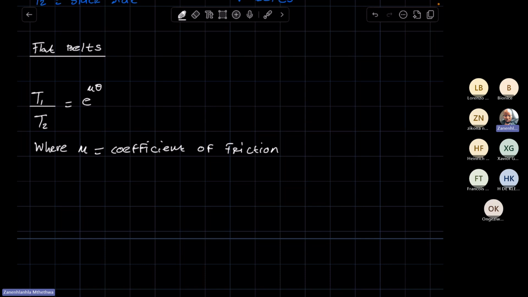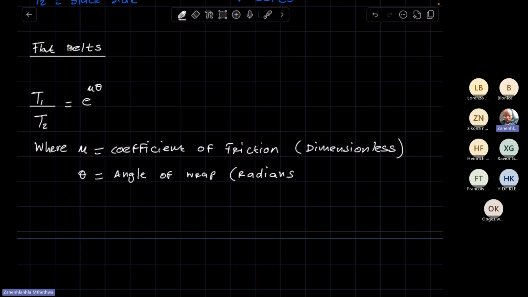The coefficient of friction is dimensionless, meaning it doesn't have any units of measurement. And theta is known as the angle of wrap. The angle of wrap must be in radians.